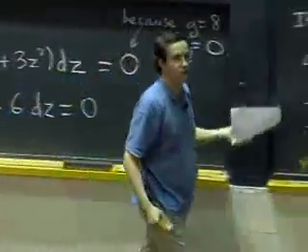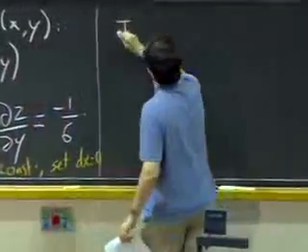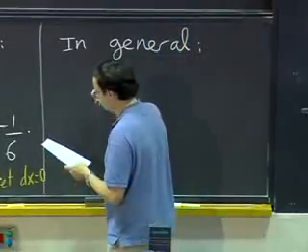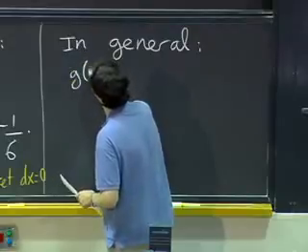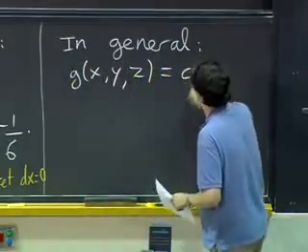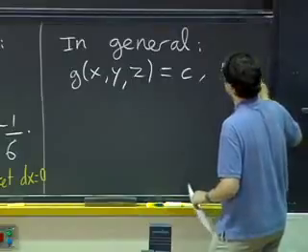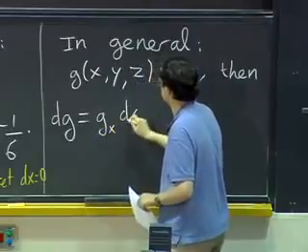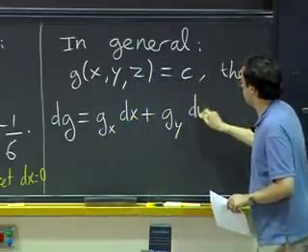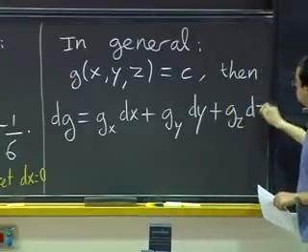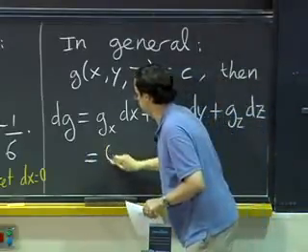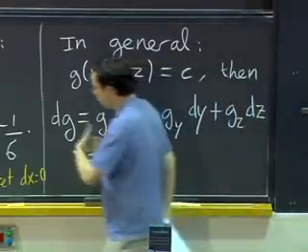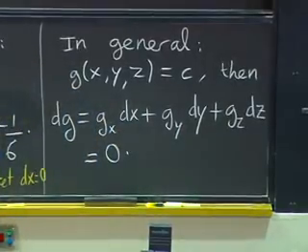So how do we think about this in general? Well, if we know that g of x, y, z equals constant, then dg, which is g sub x dx plus g sub y dy plus g sub z dz, should be set equal to 0. Okay? And now we can solve for whichever variable we want to express in terms of the others.